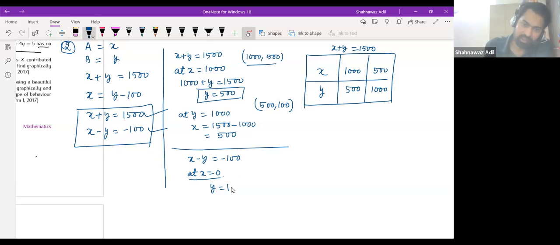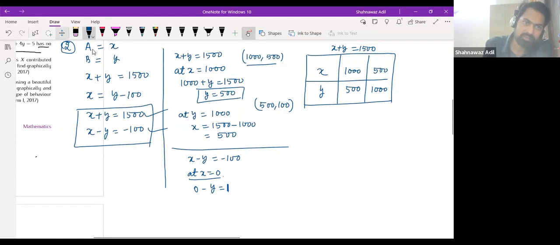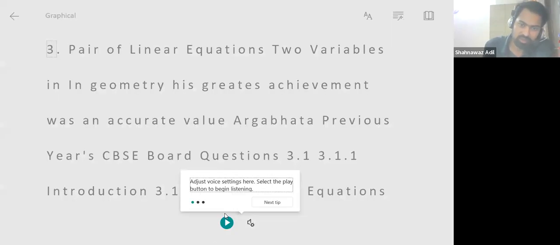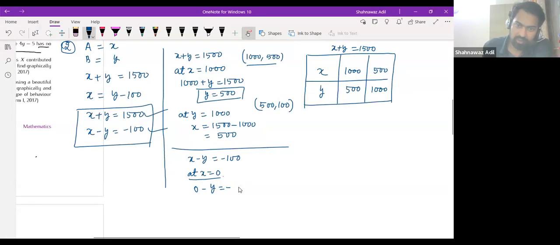Now let us take this one. So at X equals 0, this is 0 minus Y, and this is minus 100.